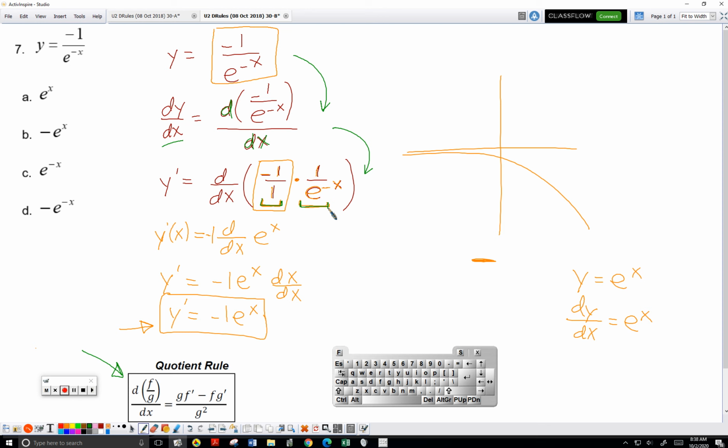The next step isn't calculus either. Now I'm just using a property of algebra that tells me that this is the same as this. Remember, right here, most important thing to understand in the entire class: how do I properly use equal?